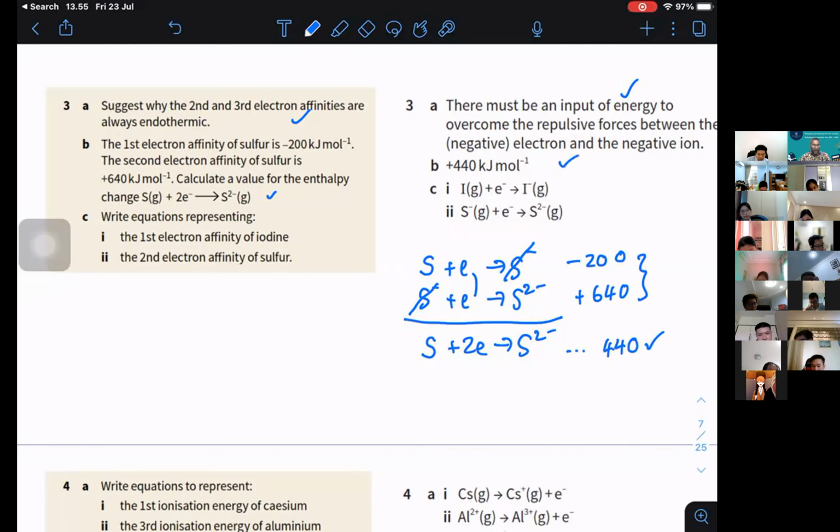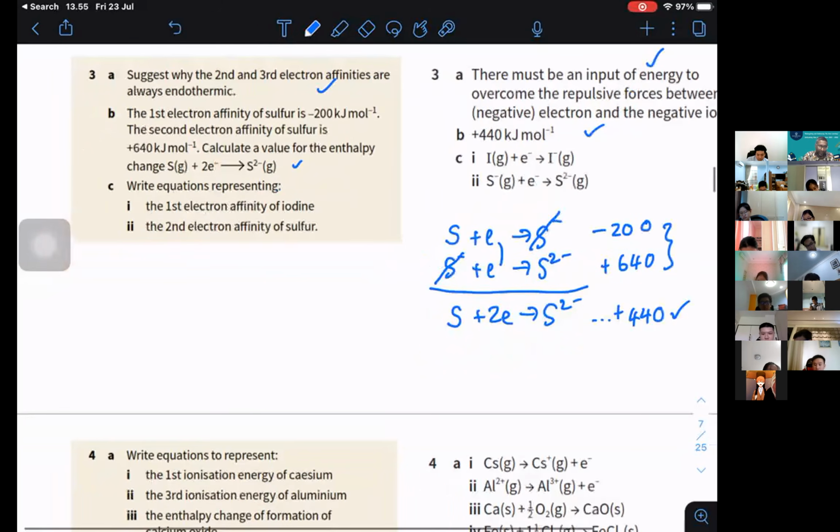But starting from now, please be careful. If you have a positive value, don't forget to put the positive sign. This one we need to learn how to write down. If I want to write down the second electron affinity of sulfur, I am adding the second electron.